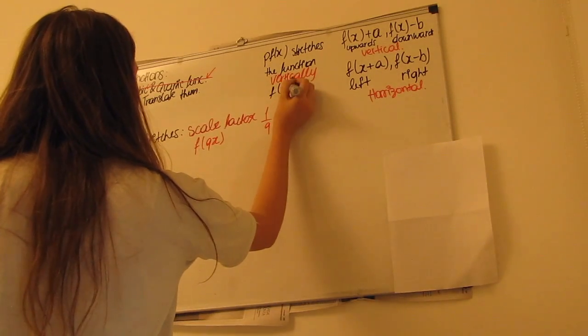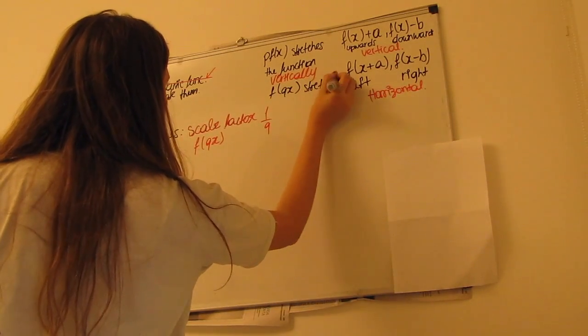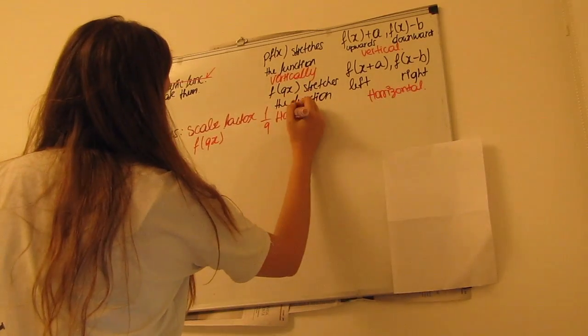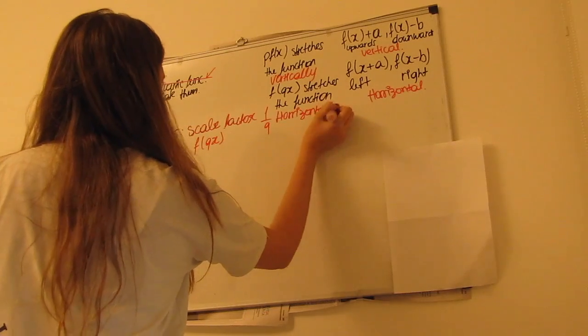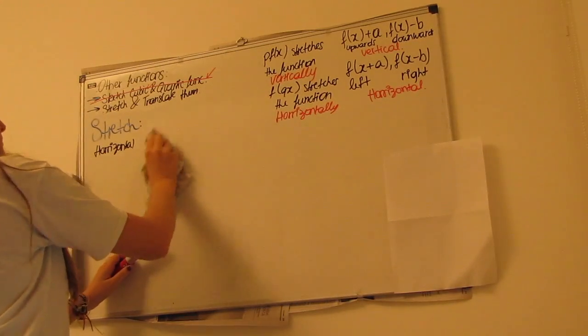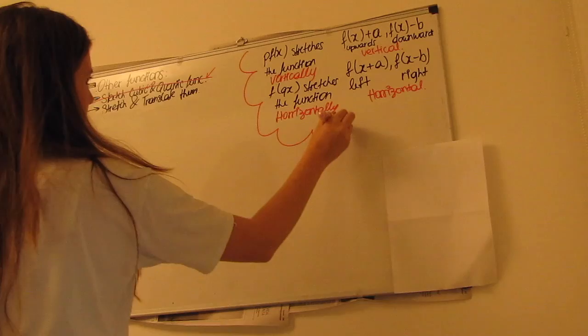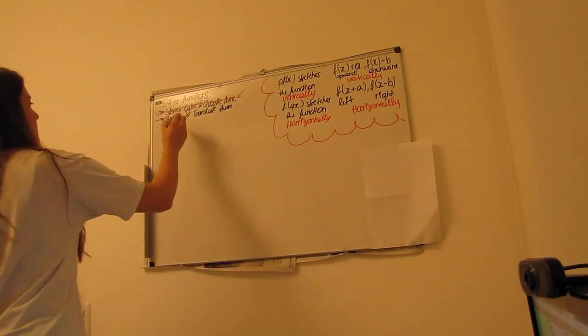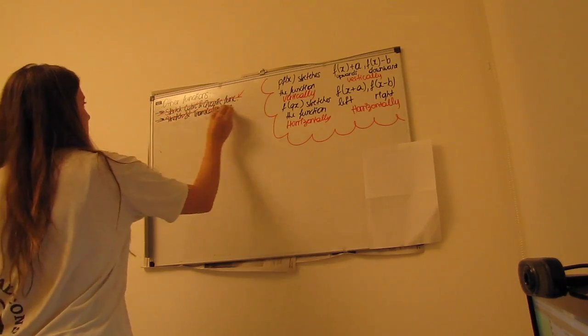So f of q x stretches the function horizontally. And that is basically everything that we had to learn. And I'm just going to draw a little cloud around the summary of this stretching and translating topic. So that's basically it. So now we can cross out my list.